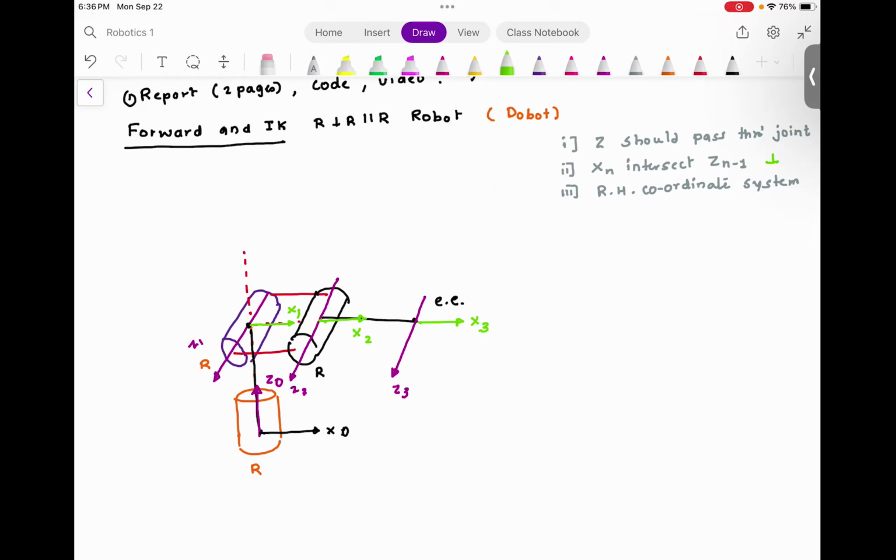Can you agree with me that this is gonna be my Y0? Now I have X1, I have Z1. This guy is going to be my Y1. Now I have X2, I have Z2.